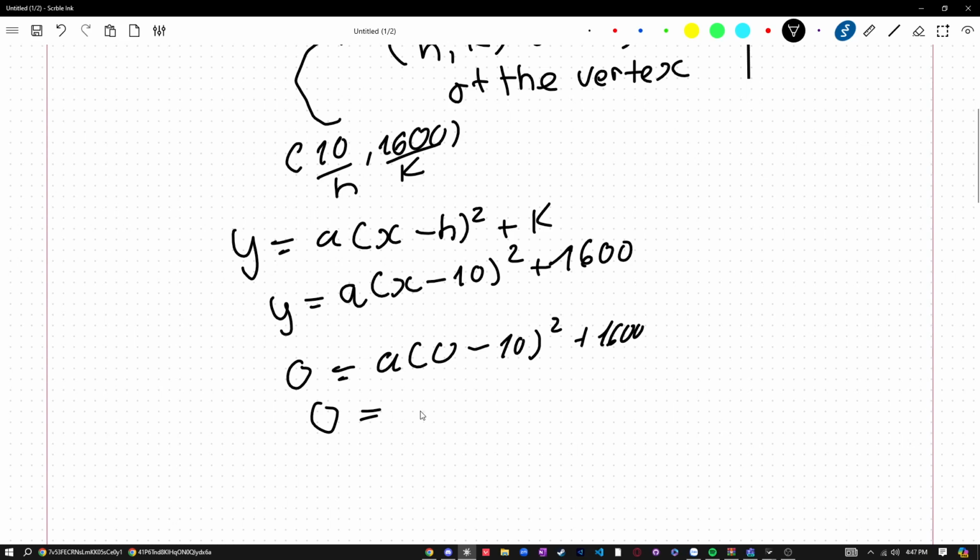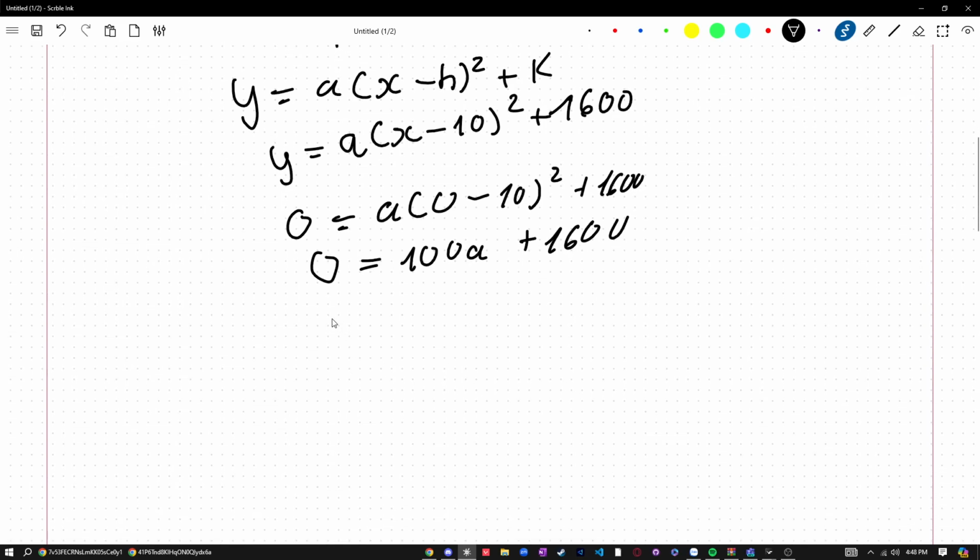Minus 10 squared is 100. So it gives us 100a plus 1600.